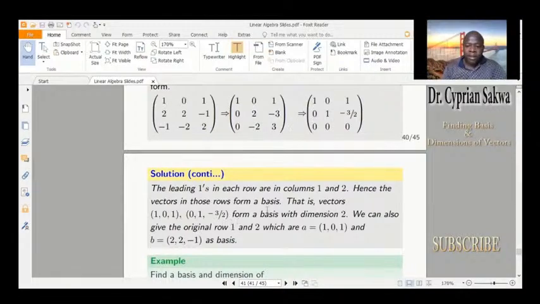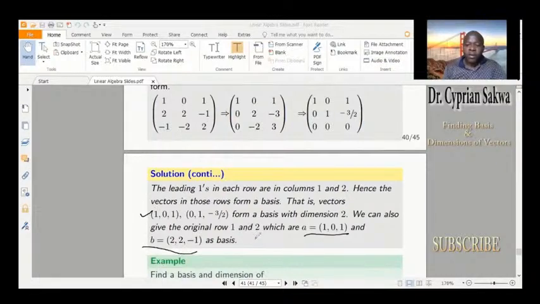Just the same way I had explained, or alternatively, the other way I could do that, I would take this vector 1, 0, 1, and this other one 0, 1, negative 3 over 2 to form a basis. So one can give a basis as this, or as this and this.